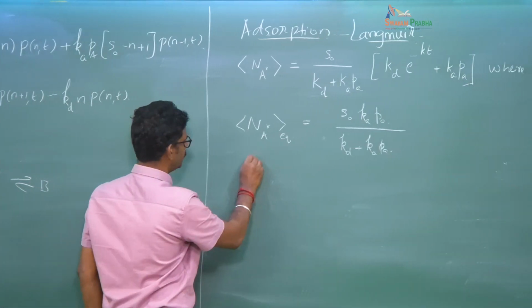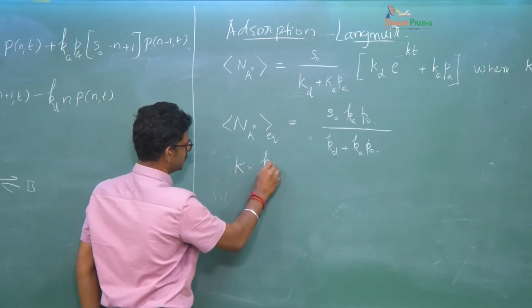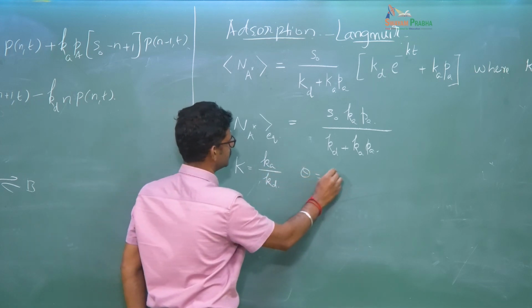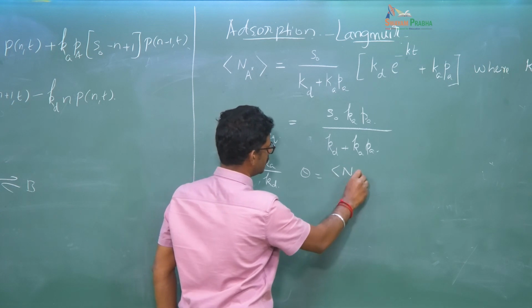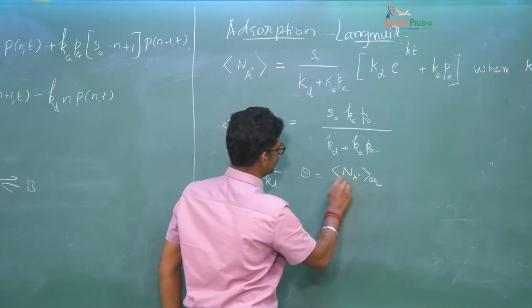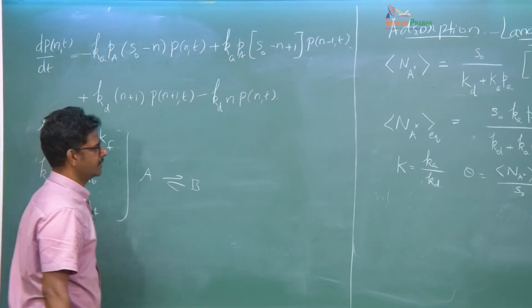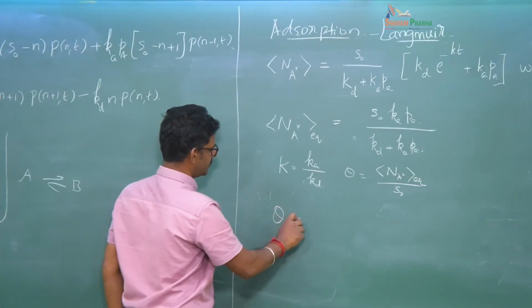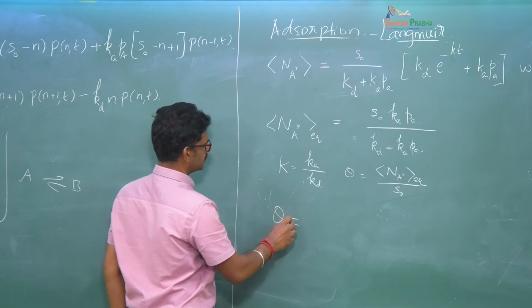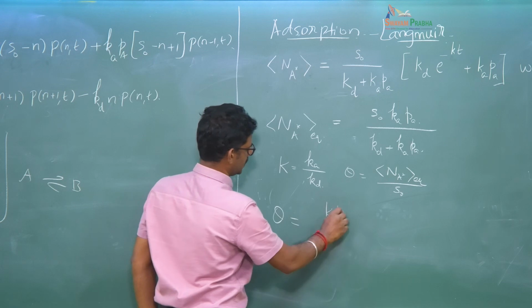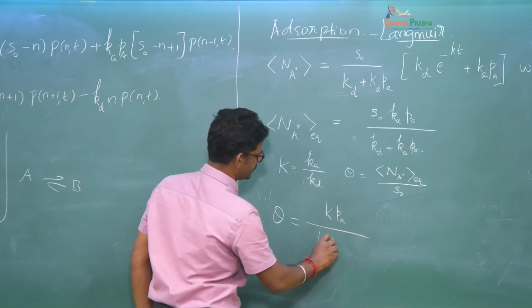And then if you introduce capital K as small ka by kd and theta as the equilibrium number of adsorbed molecules versus the total number of sites, then you can show that theta is equal to KPa by 1 plus KPa.